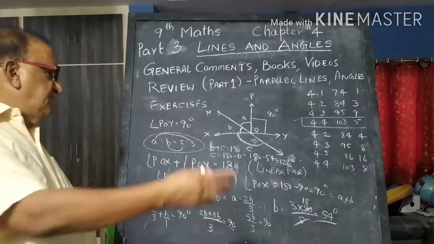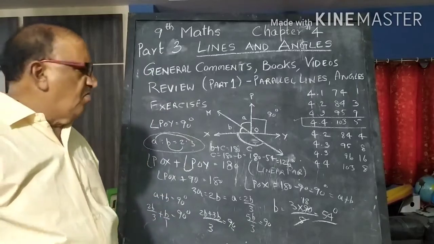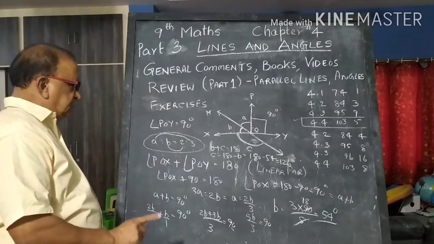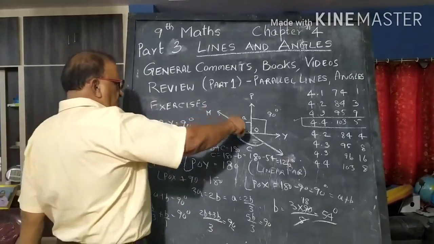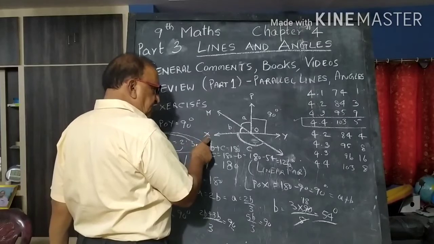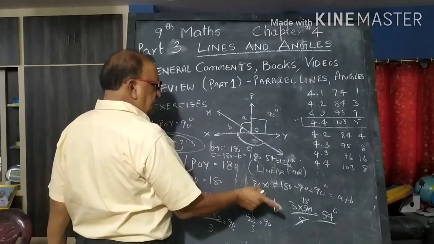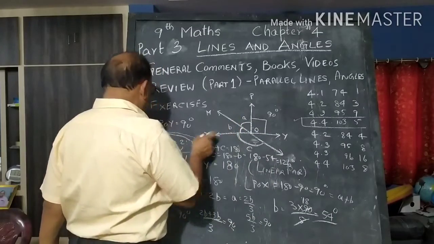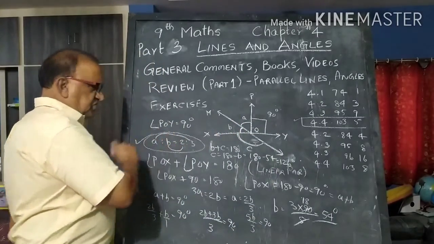Okay? If you want me to do the next problem a little bit more clean, I will do that. But here you understand, first of all, if this POY is 90, therefore POX is also 90. That means because it's a linear pair, therefore A plus B is equal to 90, but A and B are related like this. It's a ratio.